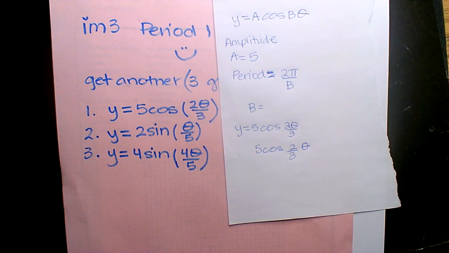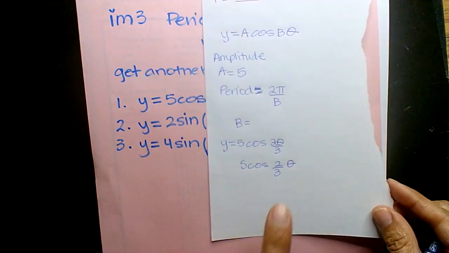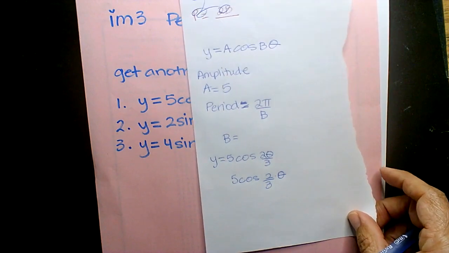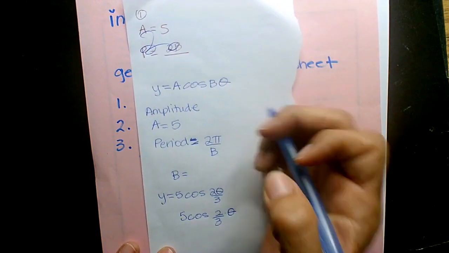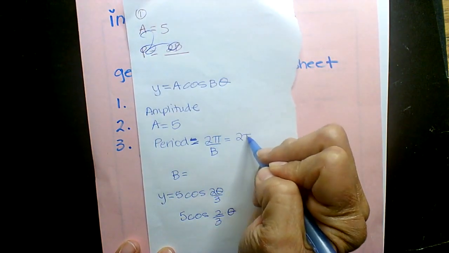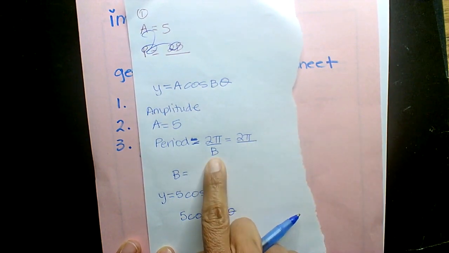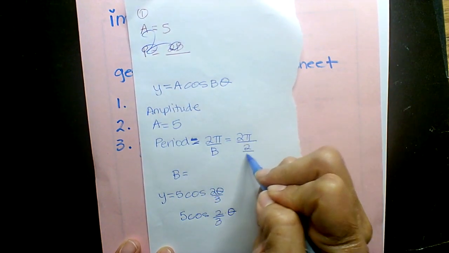Yeah, it's not just 2, it's not just 3, it's 2 over 3. Okay, so now you're in a fraction. So if I have 2 pi and the b value is 2/3.